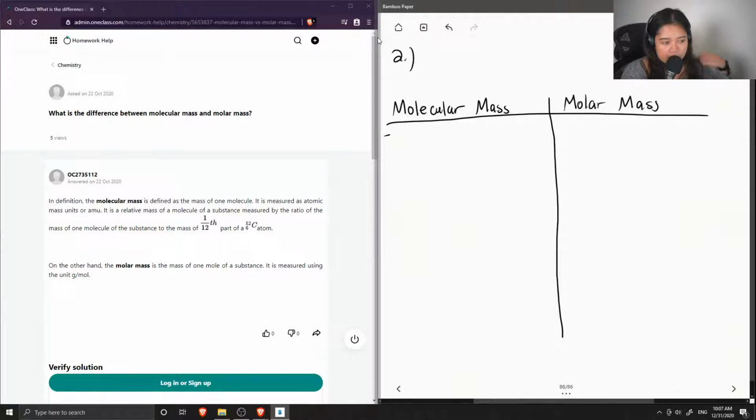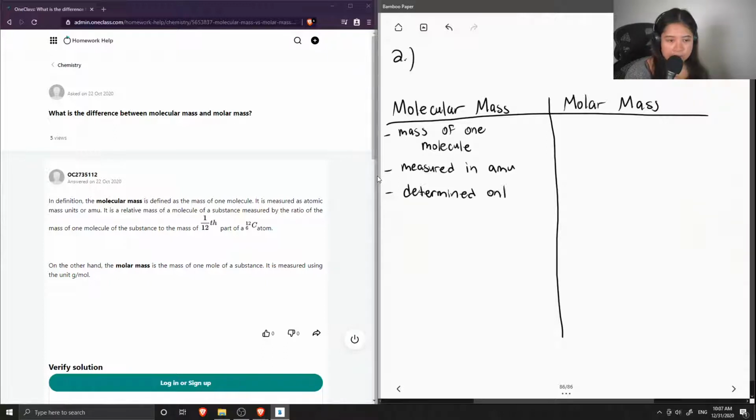So for molecular mass, this is the mass of one molecule. And this can be of any element. And molecular mass is also measured in atomic mass units, also known as AMU. And typically it's only determined in molecules.